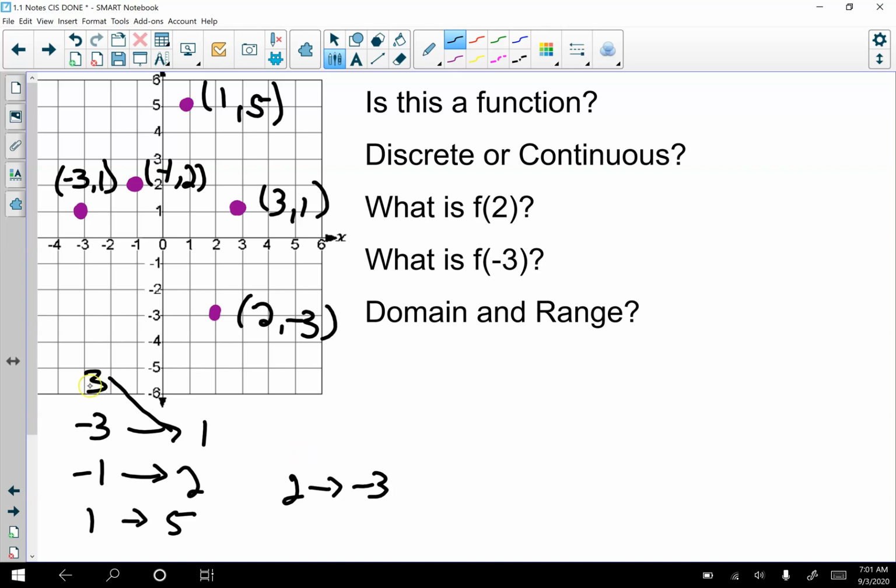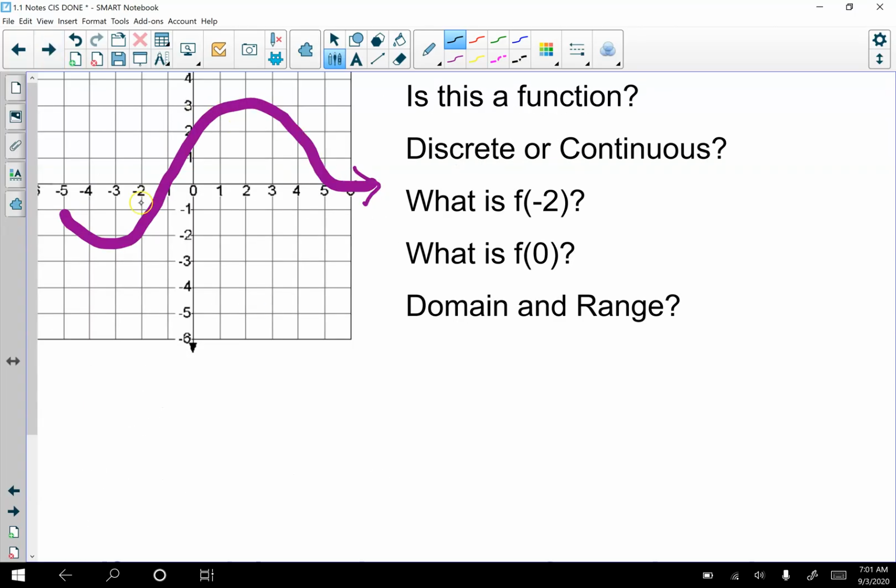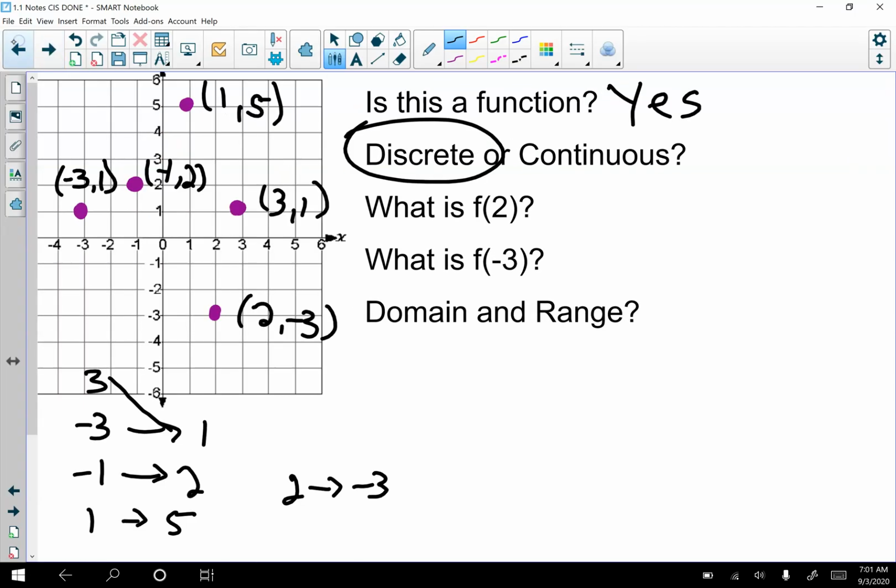But still, every x has one y. So is this a function? I would say yes. Is it discrete or continuous? Well, you do not connect the dots here, so these are specific points. So I would say this was discrete. It's not connected, like this one is connected, so this would be continuous.